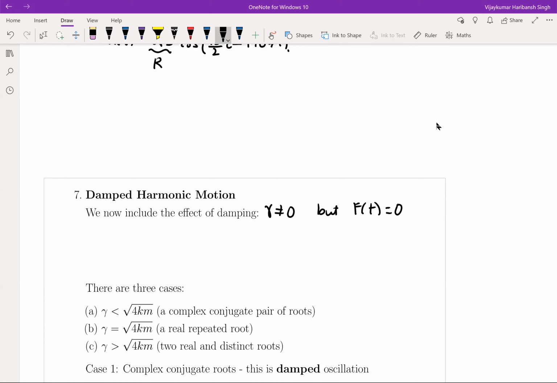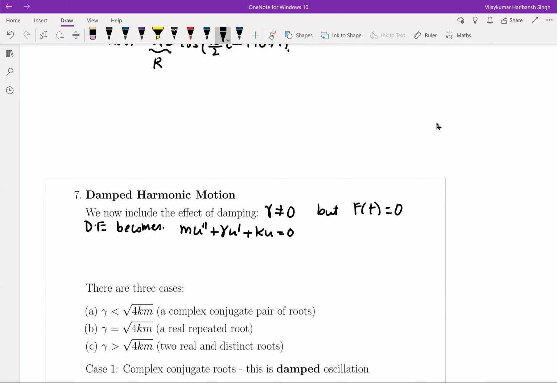So the differential equation becomes m u double prime plus gamma u prime plus k u equals 0.